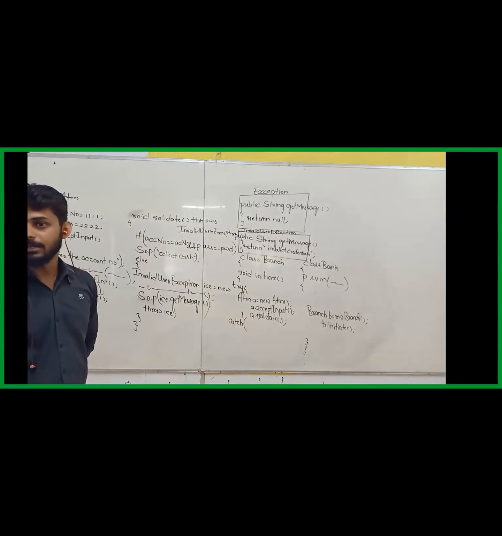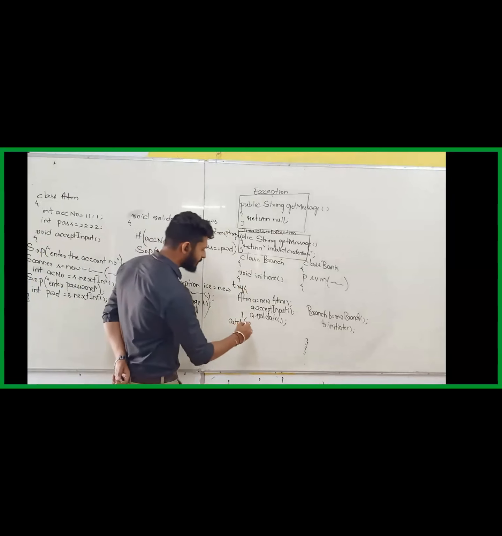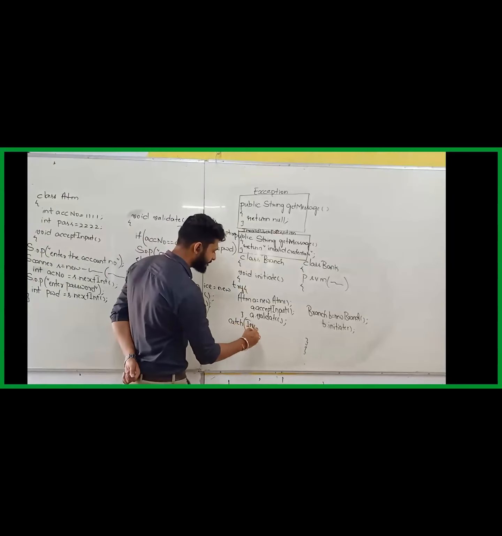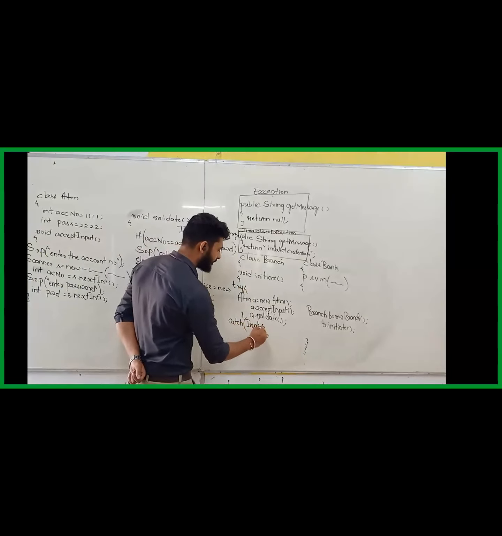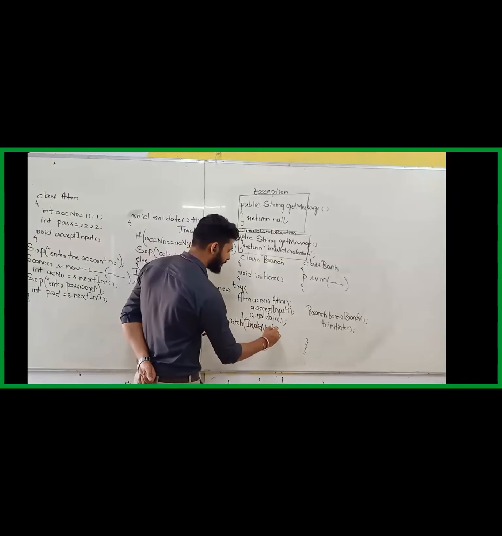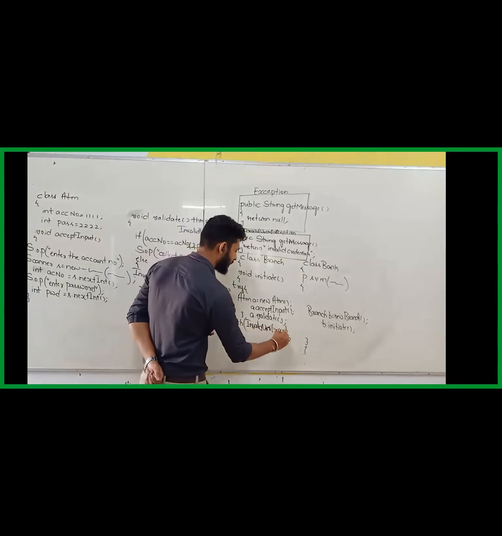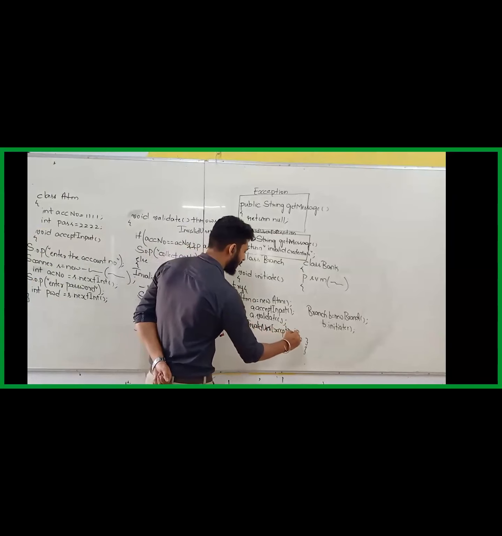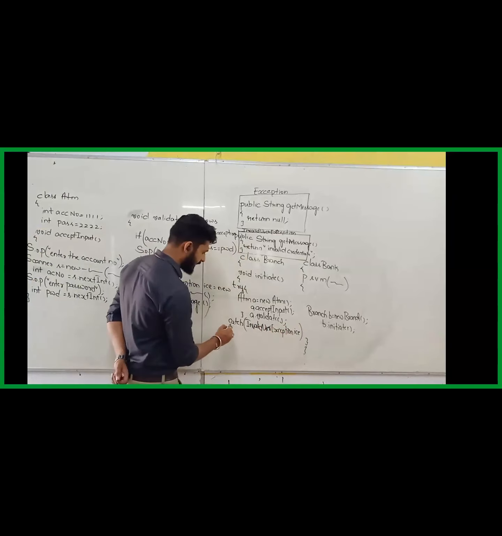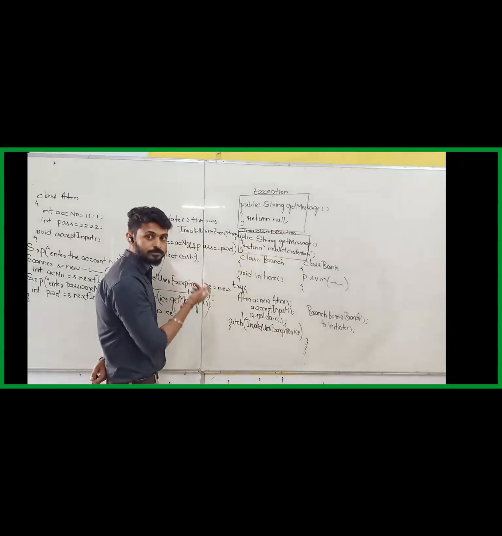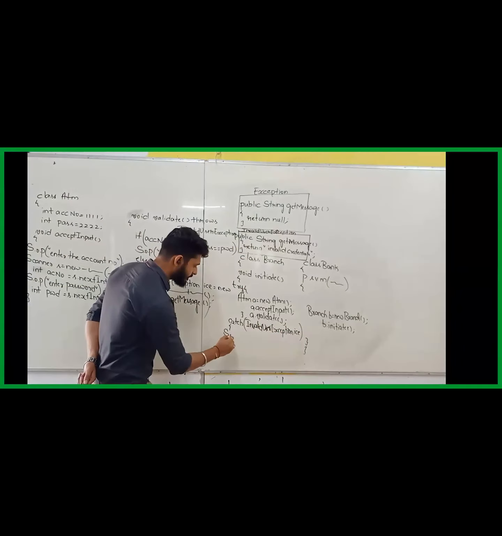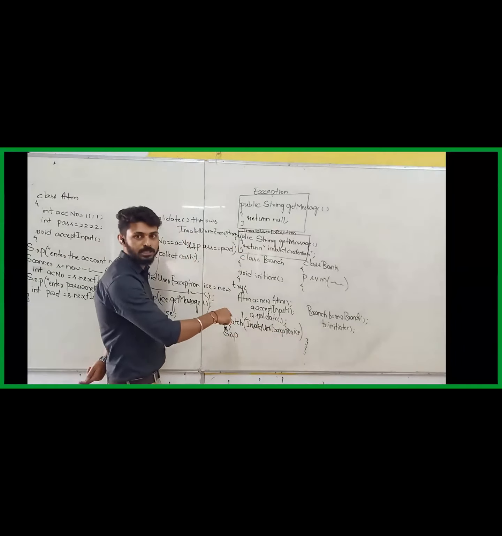Yes, you can write, because anyways that is a parent. However, I don't want to do that, so I'll just create InvalidUserException type ICE, and then inside this, whatever you want to do with that exception, you can do that.